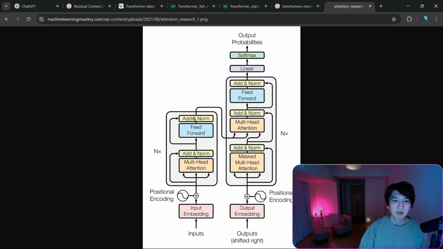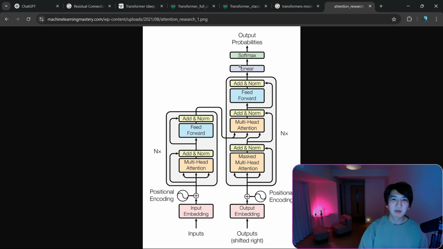And we output the meaningful embeddings, and we pass them to the decoder in this example, for an encoder-decoder model, but if it was encoder-only, this would be the final output.